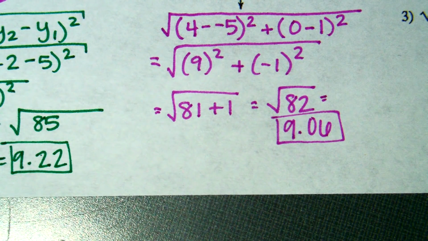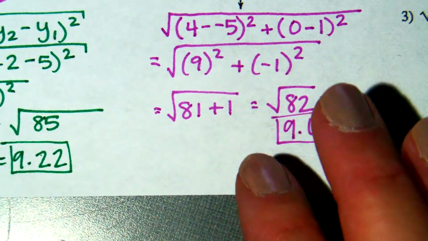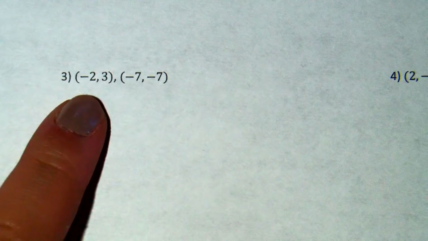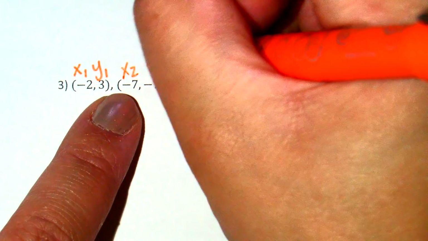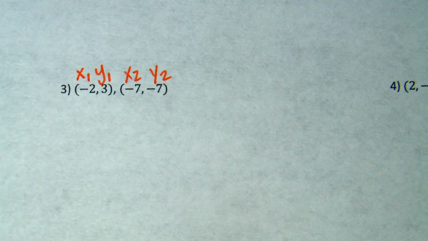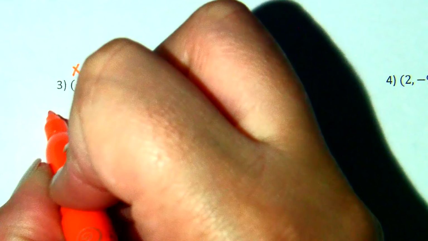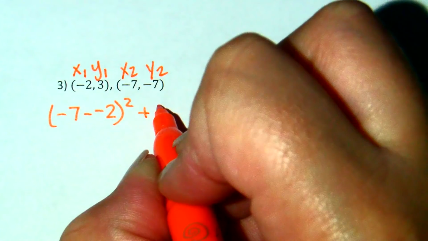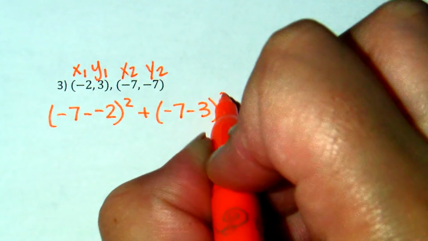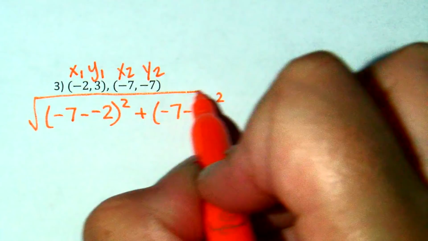Let's look at example 3, because now we don't have a coordinate plane, so I don't know where exactly these points are. That's okay. All I have to do is recognize that the first point is going to be point A, so x1, y1. The second point will be x2, y2. Using that lovely distance formula, negative 7 minus negative 2 squared plus negative 7 minus 3 squared, all under the square root.